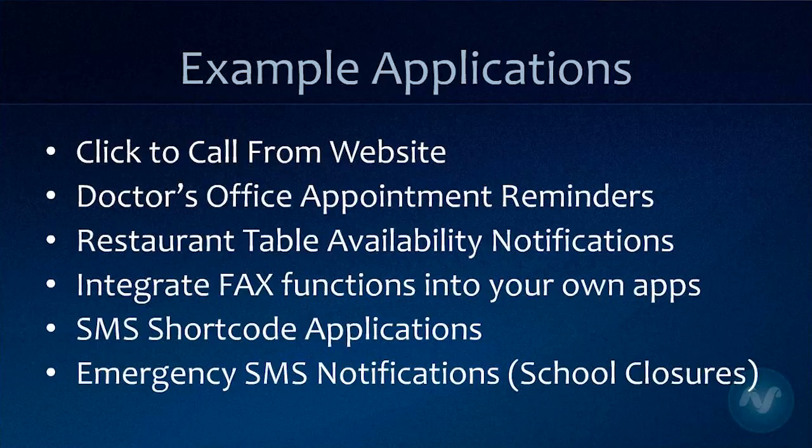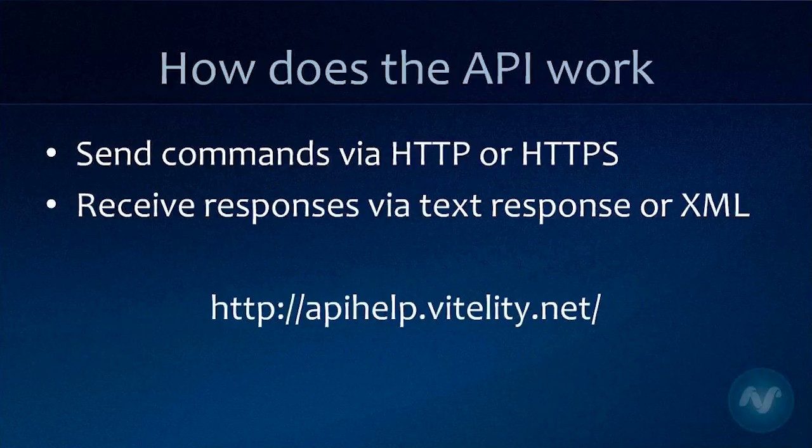Okay, how does the API work? Let's keep moving here before Larry takes up all the chat time over there. Vitelity needs a wiki. Yeah, well, we have one, but we'll work on that. So you can send the commands via HTTPS or HTTP, and you receive responses back via text response or XML, and we'll look at this a little bit later.